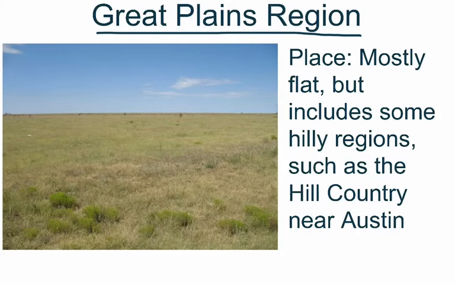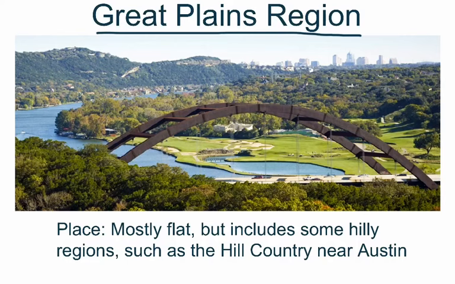But because it also is close to the North Central Plains, it has great hilly regions and hill country near Austin. As you can see in this picture, guys, this is Austin, Texas, back here in the background, at the capital. As you can see, here are the hills that go along the Great Plains, and also right here into Austin, Texas.